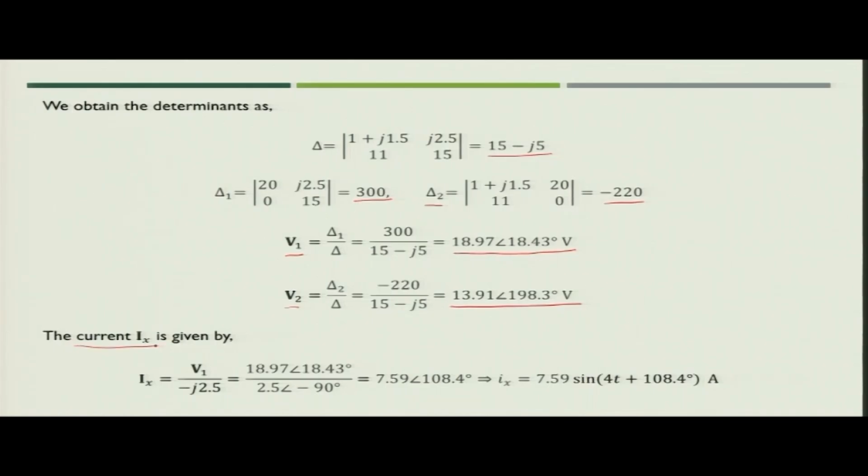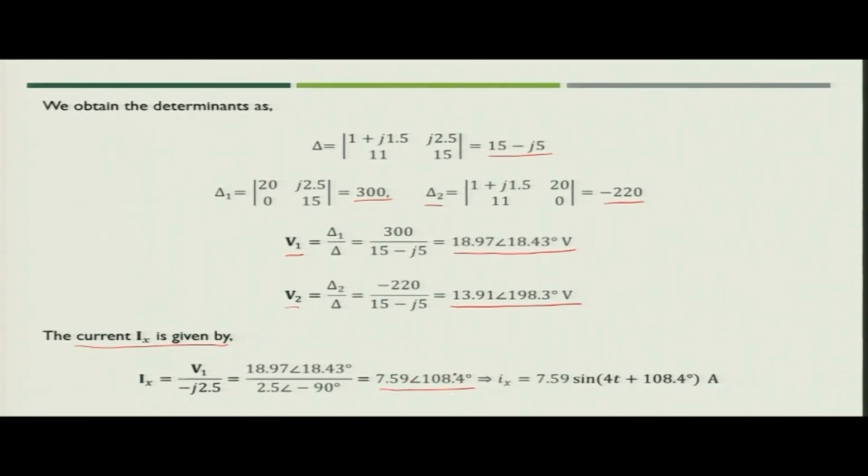Now, the value of current I x we know is equal to V 1 upon minus j 2.5. So, what we will do? We will put the value of V 1 in the expression and simplify, and we get the value of I x as 7.59 angle 108.4 degree.